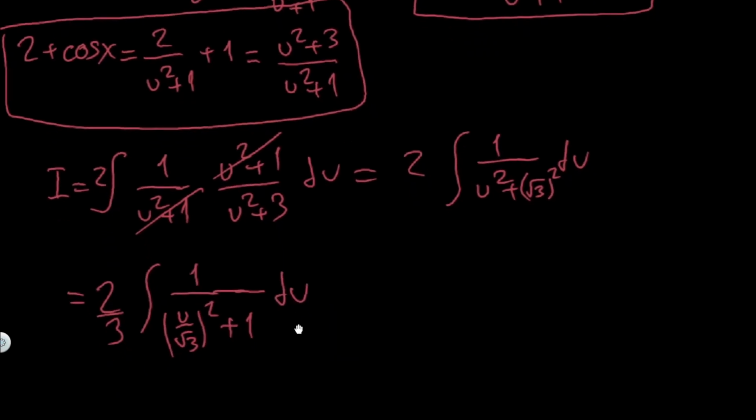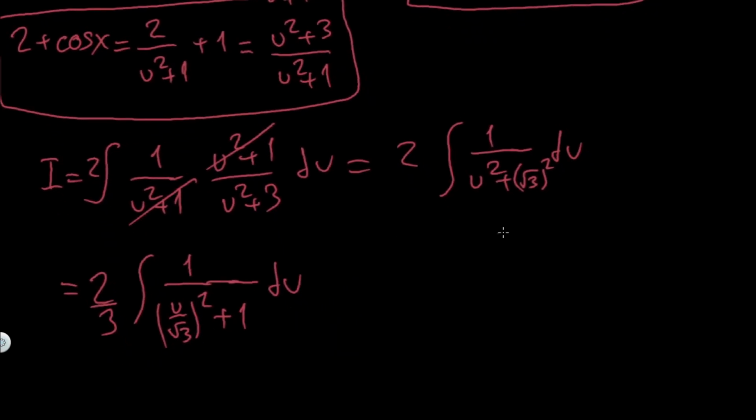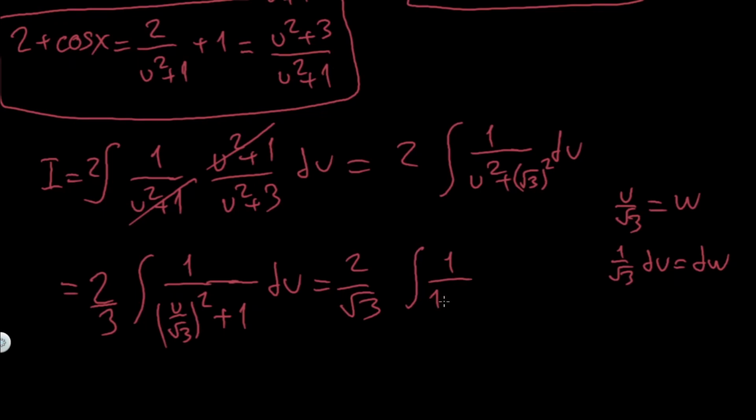Now I can make a substitution and say u over square root of 3 is, let's say, v. If I differentiate both sides, it's going to be 1 over square root of 3 du equals dv. I don't have this times du, so it's just going to be square root of 3 dv. So I'm multiplying by square root of 3, and it's going to be 2 over square root of 3 times the integral of 1 over 1 plus v squared dv.